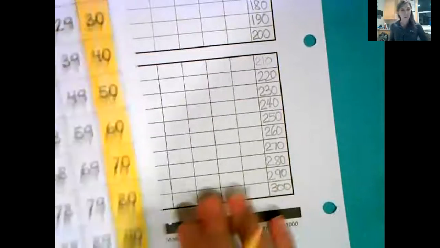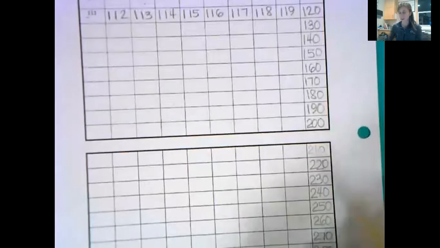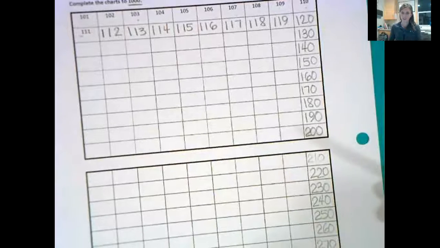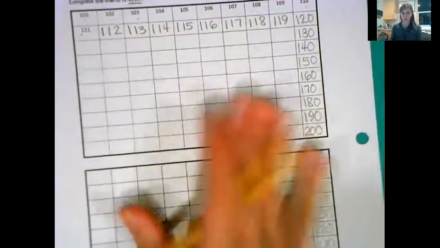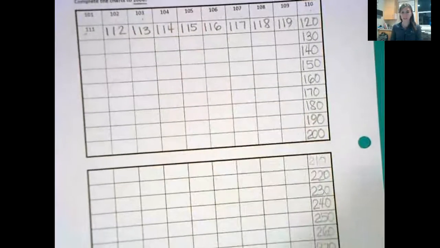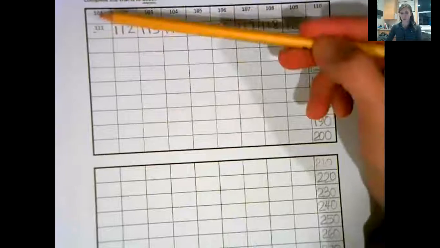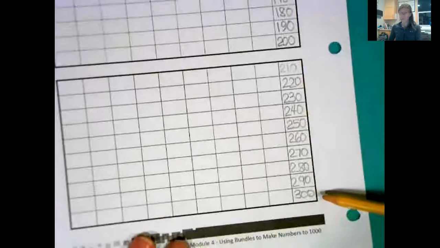So today, friends, I just want you practicing writing all the way to 300. I know you can do it. We're going to make something pretty cool out of it probably tomorrow. So hold on to it and I'll show you what to do tomorrow. But today your job for math is to write from 101 all the way to 300. All right, you got this, mathematicians.